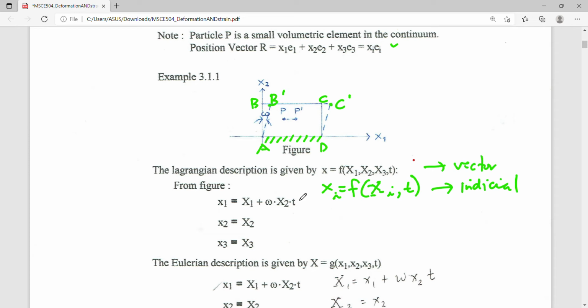We consider that omega varies as the time moves from an initial value 0 to an instantaneous value t.